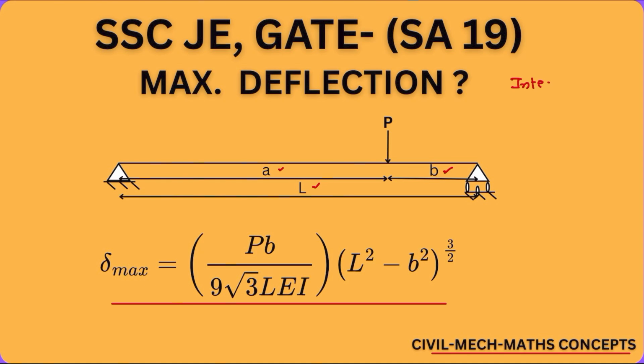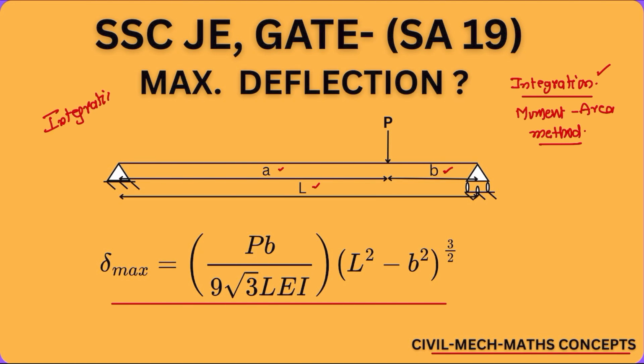There are two methods with which we can find out the deflection of a beam at any point on the beam. One is the integration method, another is the moment area method. Moment area method I have already explained. Now we will go for the integration method.